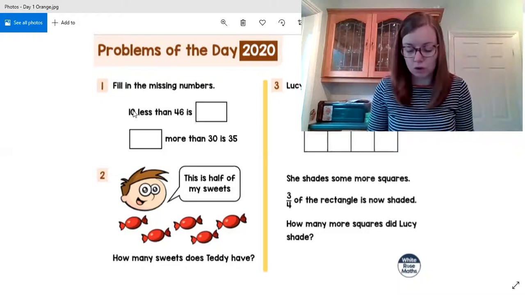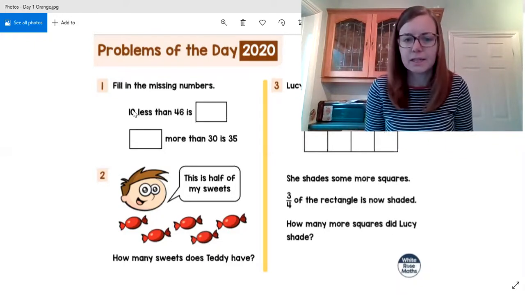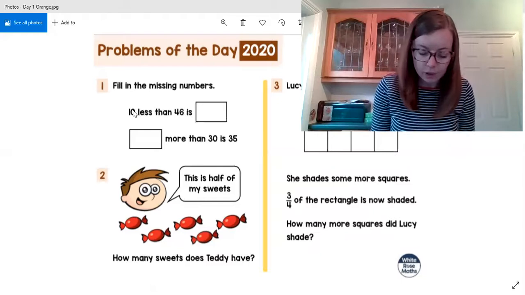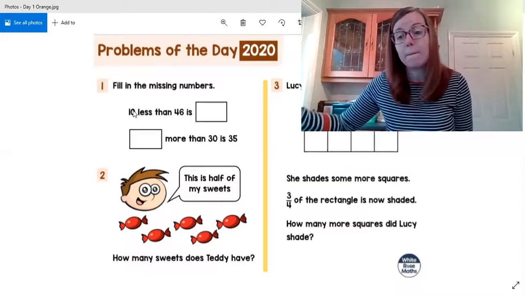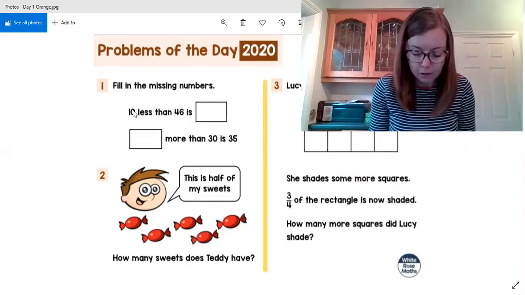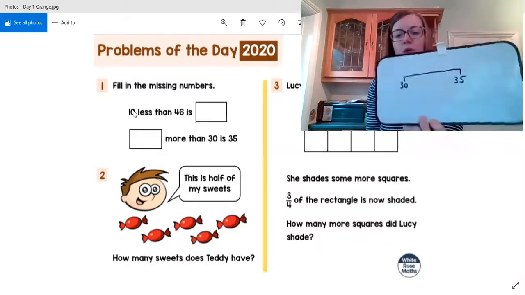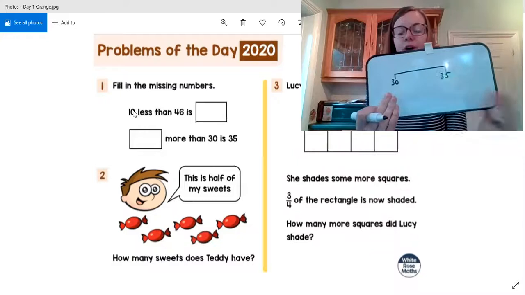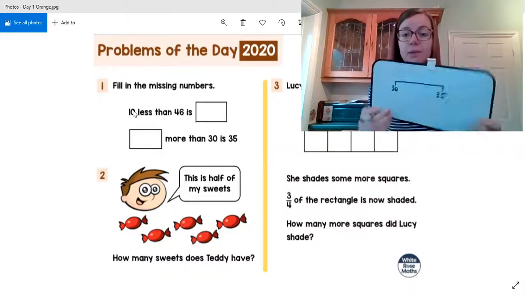Okay, then on to the next one. Blank more than 30 is 35. Well, again, we could use our number line, but this time 30 is going to go at the start because we're looking for more than. And I'm going to draw my number line up to 35. So I've got 30 at the start and 35 at the end. I need to figure out how many jumps I took to get in between.